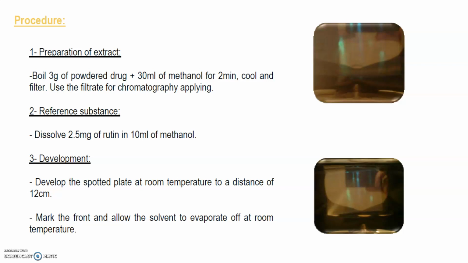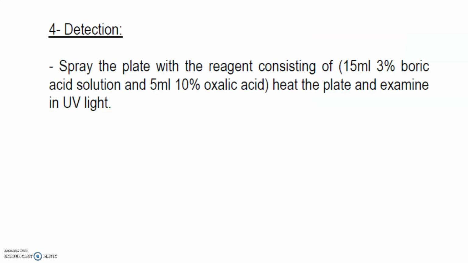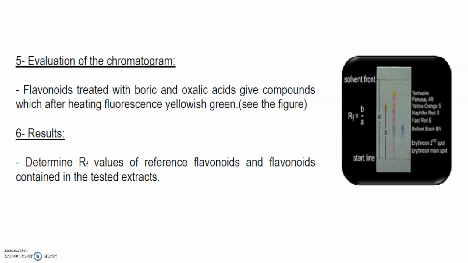Mark the front and allow the solvent to evaporate at room temperature. Spray the plate with a reagent consisting of 50 ml of 3% boric acid solution and 5 ml of 10% oxalic acid. You will need these two solutions. Heat the plate and examine in UV light.